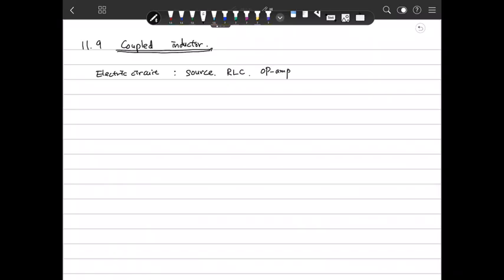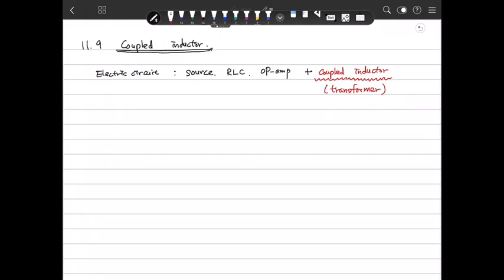That's all. And we're adding one more thing here today. That is the coupled inductor. This is very similar to a transformer. We will discuss the transformer later.